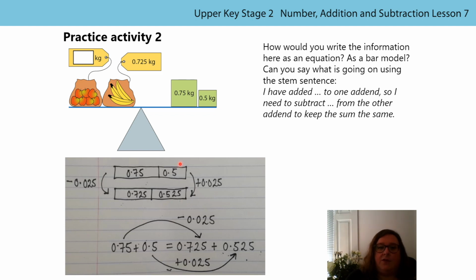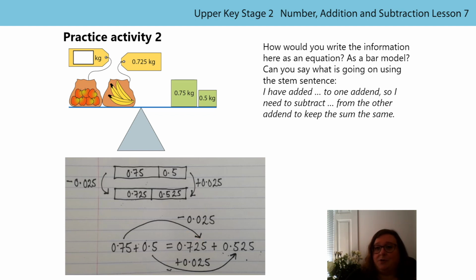To check that what I'd done worked, I also wrote out an equation. I said that 0.75 add 0.5 was equal to 0.725 add 0.525. And I just showed the change here. I showed adding 0.025 and I showed subtracting 0.025.